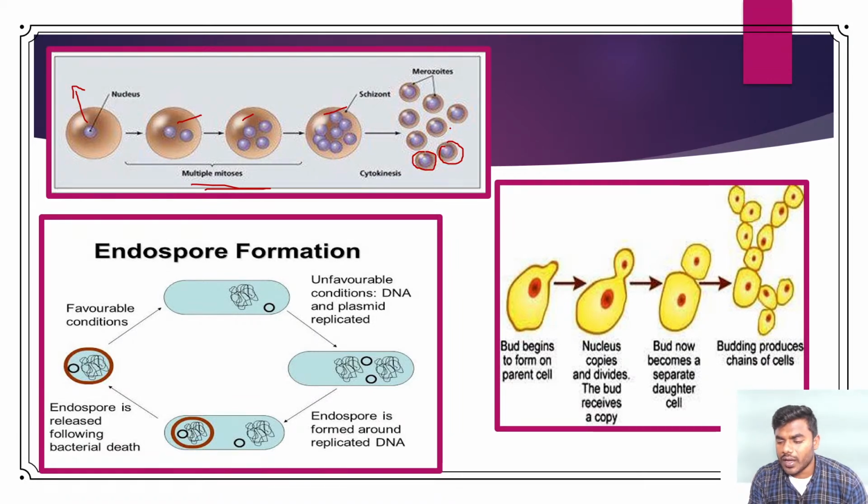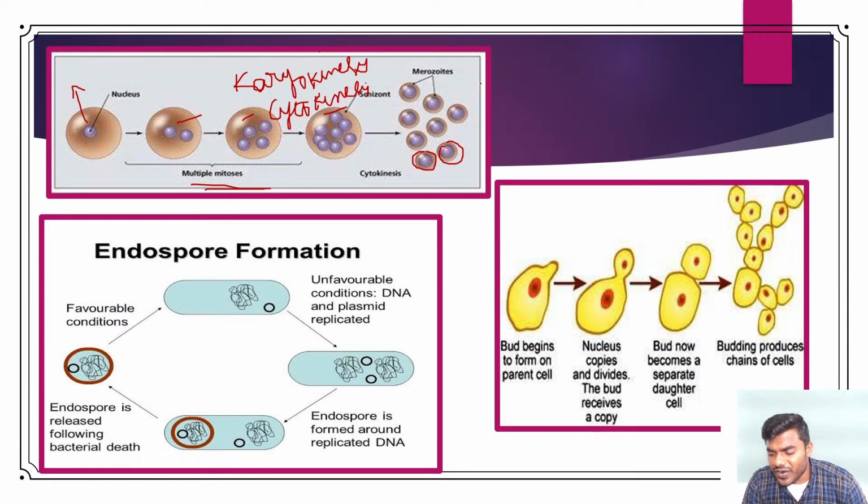In simple words, first nuclear division occurs, which we call karyokinesis. Immediately after that, cytokinesis occurs. This multiple mitosis, or multiple fission, is a time-taking process. That's why bacteria never prefer this kind of process.